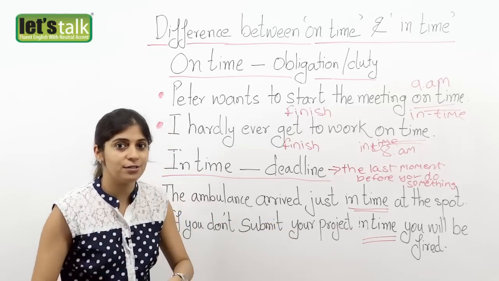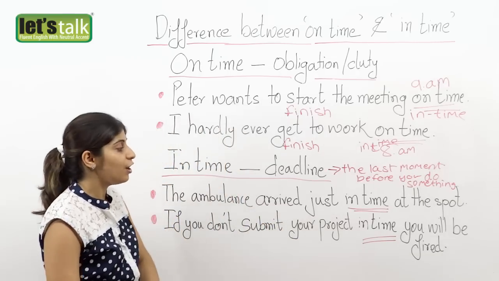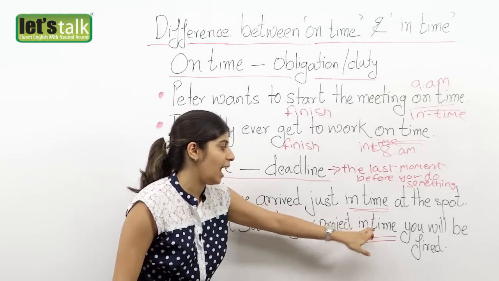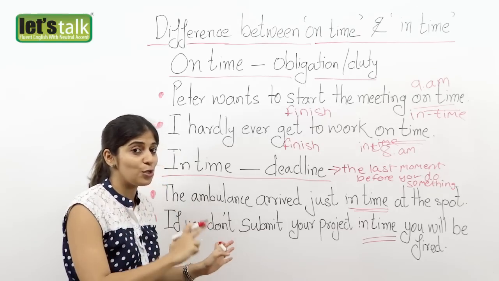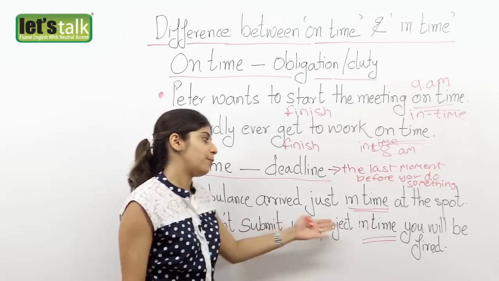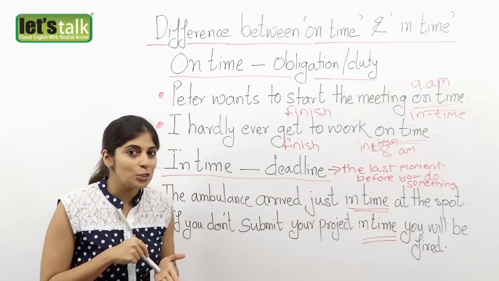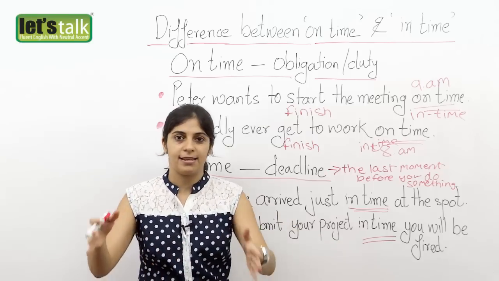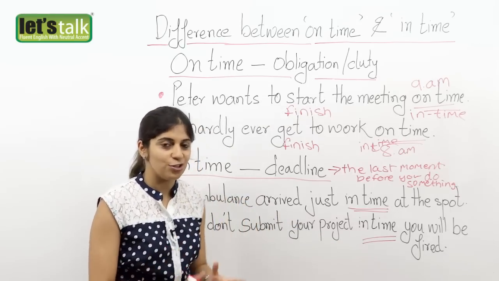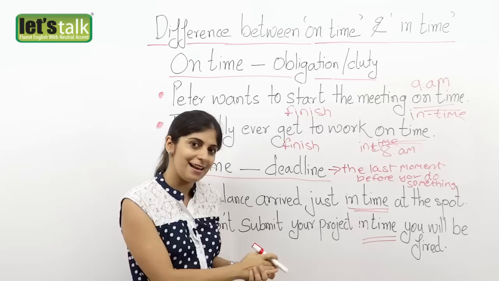And if you don't, the outcome would be you'll be fired. So here you would use the phrase in time. Why would we not use on time? Because you might ask, why can't I say if you don't submit your project on time, you'll be fired? Because your boss has not told you to submit this project at 10 o'clock, right? He's just given you a deadline and you're supposed to finish that project before the deadline.